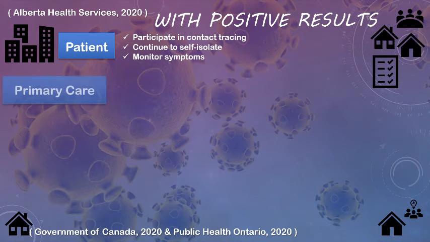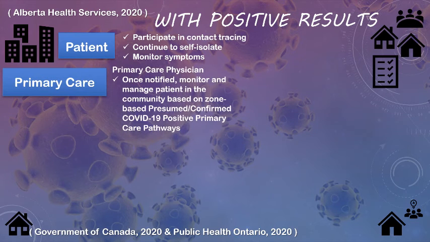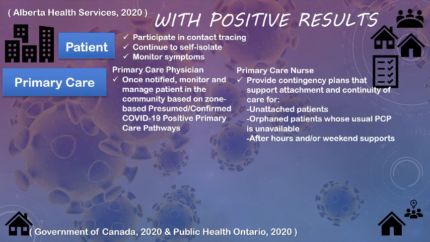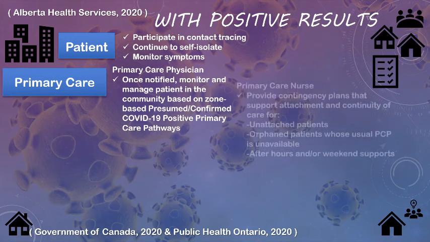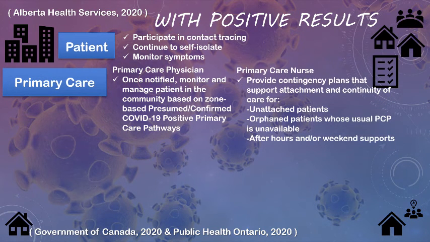Primary care providers, once notified, monitor and manage the patient in the community based on zone-based presumed or confirmed COVID-19 positive primary care pathways. The primary care nurse provides contingency plans that support attachment and continuity of care for unattached patients, orphan patients whose usual PCP is unavailable, and after-hours or weekend supports.